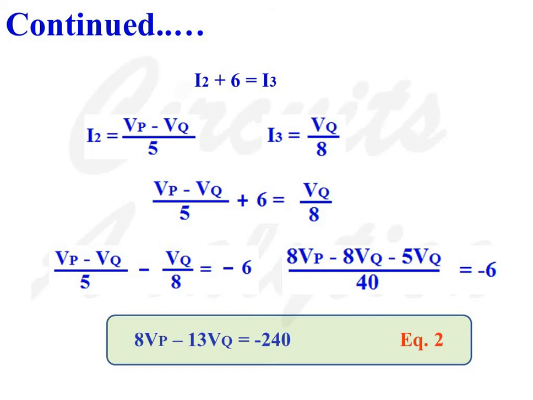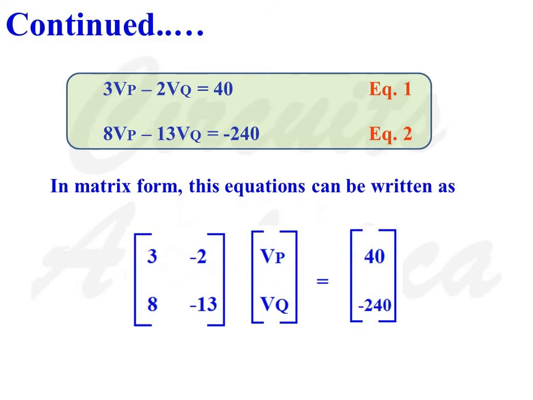So rearranging the terms, we can write 8Vp minus 13Vq is equal to minus 240, equation number 2. So these are the 2 equations. 3Vp minus 2Vq is equal to 40, equation number 1. 8Vp minus 13Vq is equal to minus 240, equation number 2.